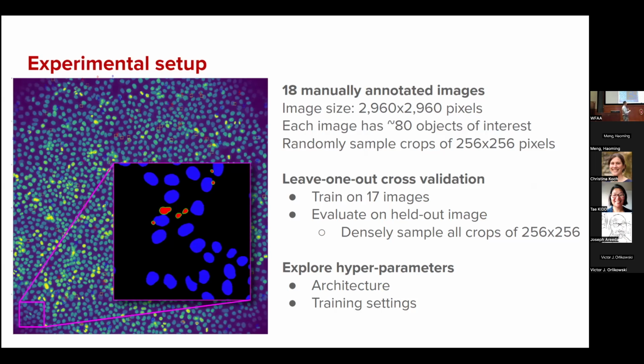And so for that reason, we designed a leave one out cross-validation experiment in which out of the 18 manually annotated images, which took about a month or so for the experts to check and verify where those tiny objects appear, we're going to train with 17 of them, and we're going to leave one out in order to do the entire experiment. So one experiment actually has to repeat this procedure 18 times.